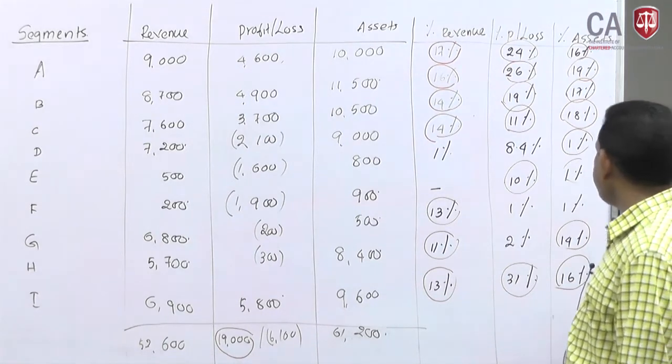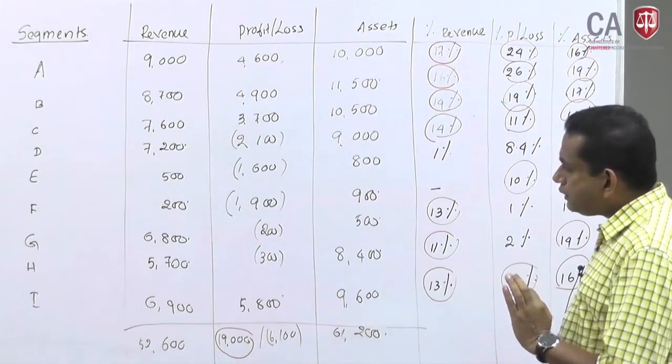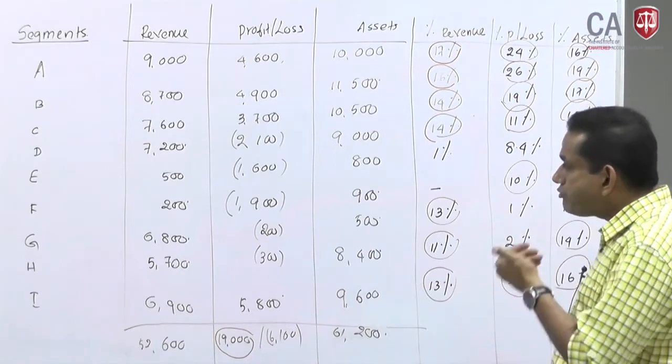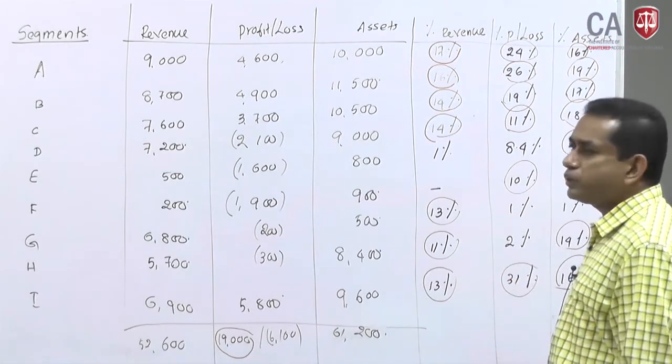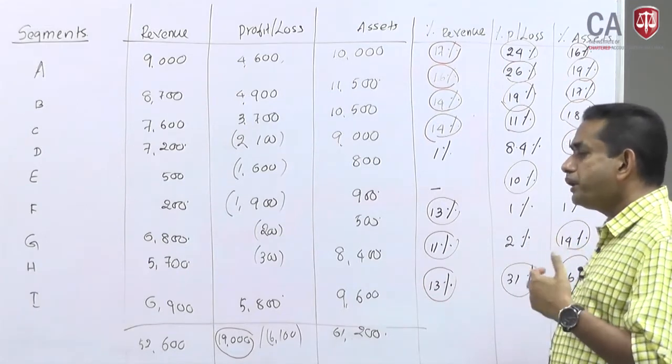Now, let us identify the reportable segments. Except for one operating segment, everything else becomes a reportable segment by satisfying some quantitative threshold.